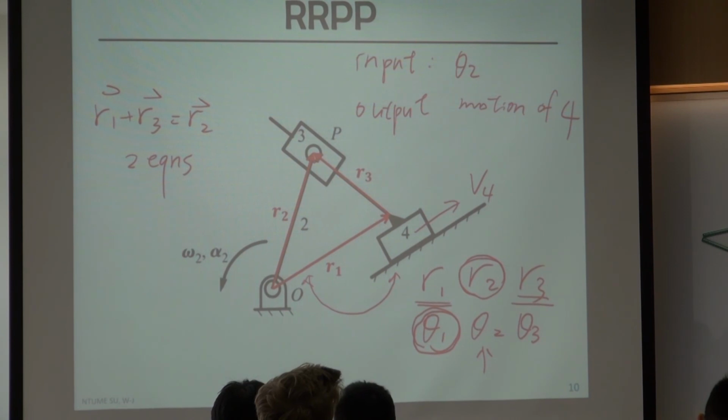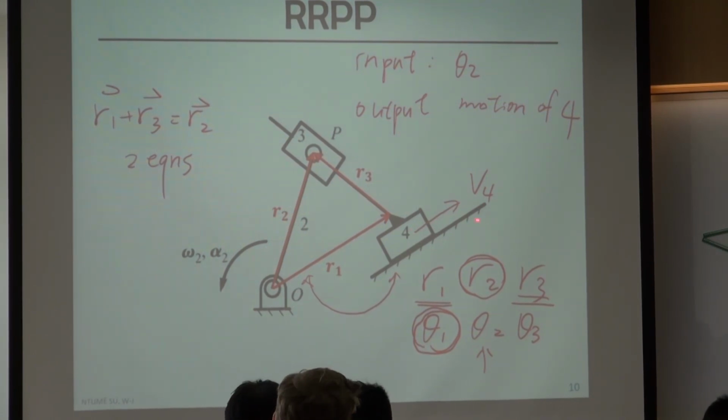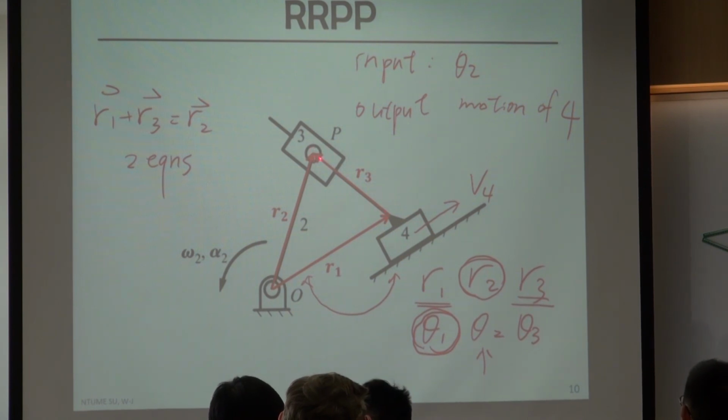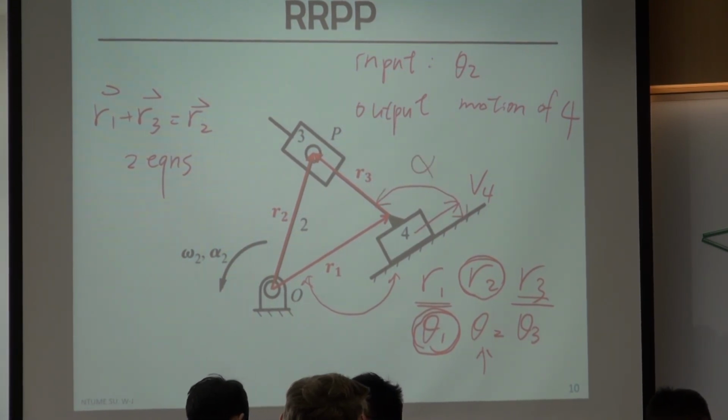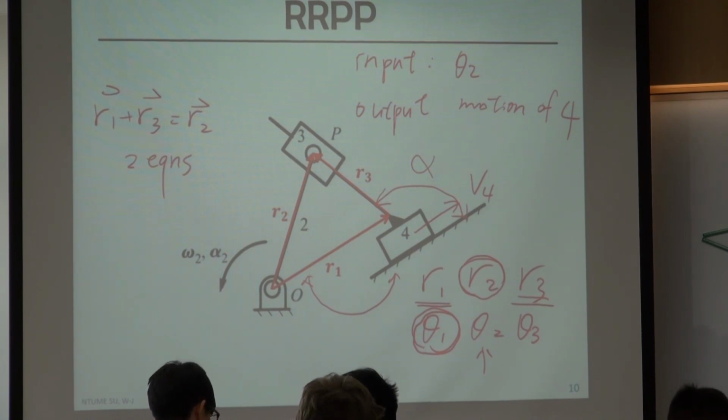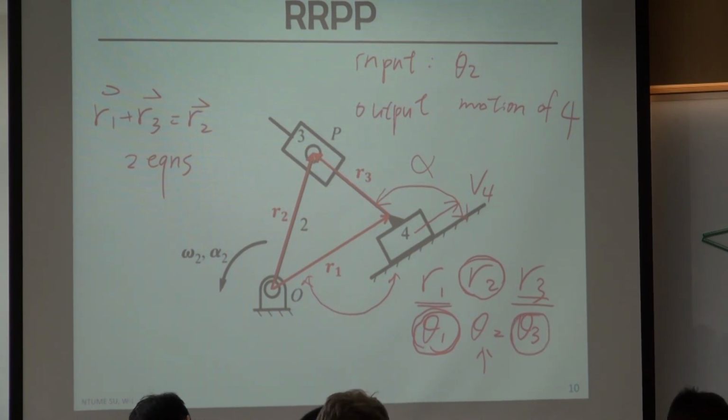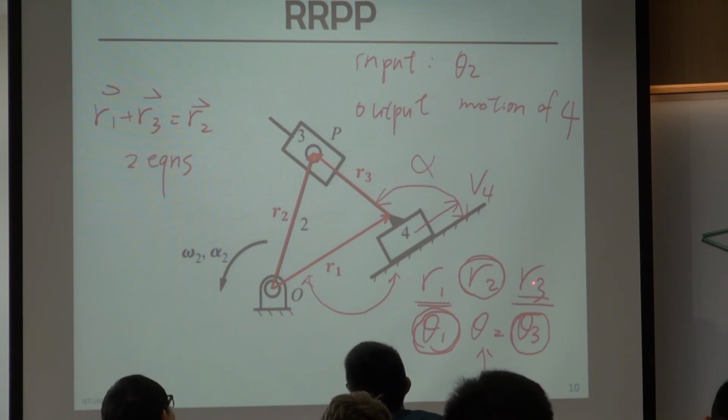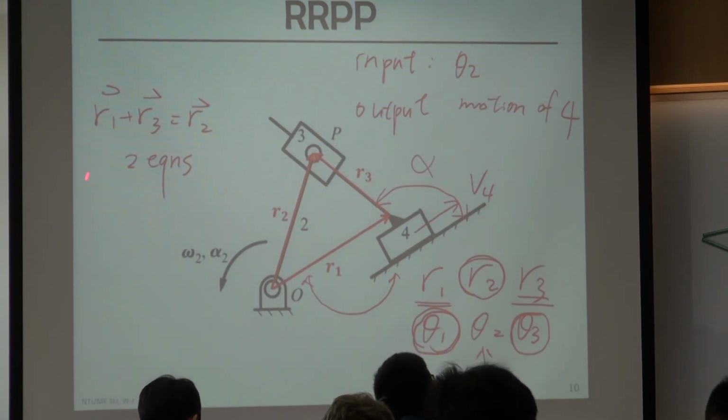But how about theta 3? Theta 3 is a constant. It forms a certain angle with the track. It's a rigid body, so its angle is this angle, let's say alpha. Alpha is fixed, so theta 3 is also fixed. So only R1 and R3 are unknowns. We have two equations, so we should be able to solve these two unknowns.